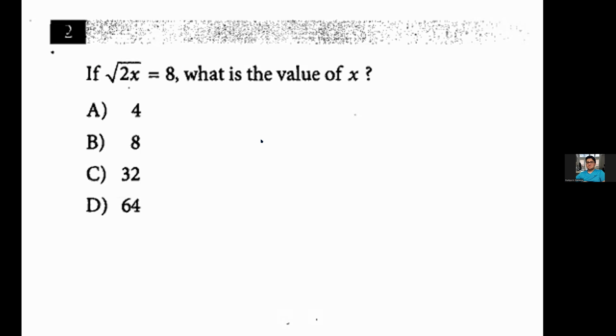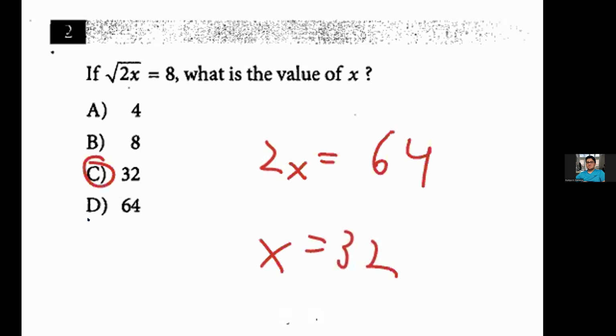Square both sides, that would get us 2x equals 64. Divide both sides by 2, we get x equals 32. Okay. Question three.